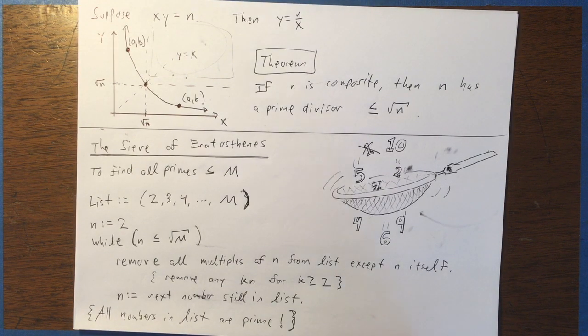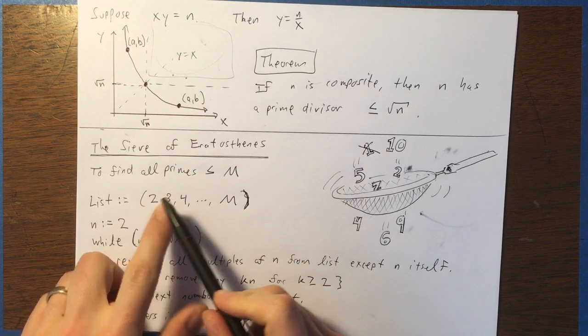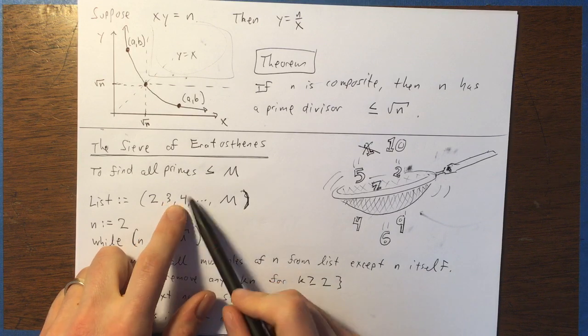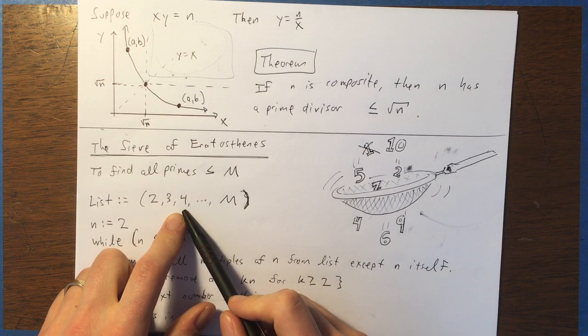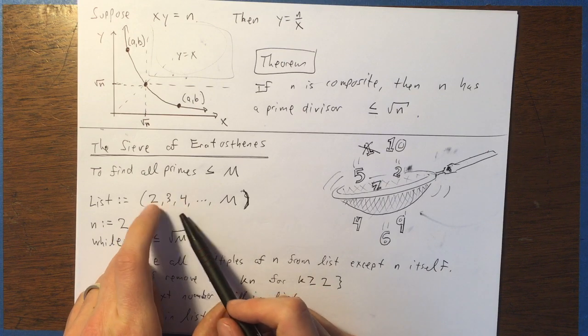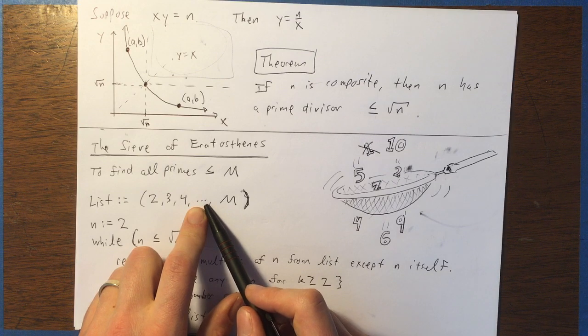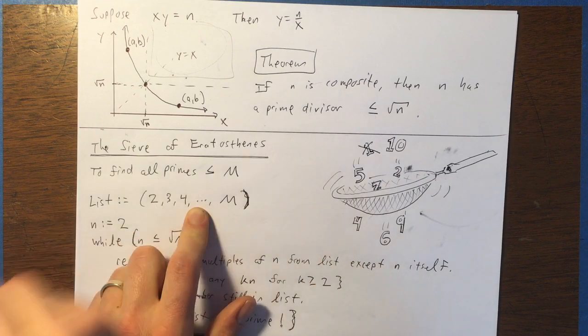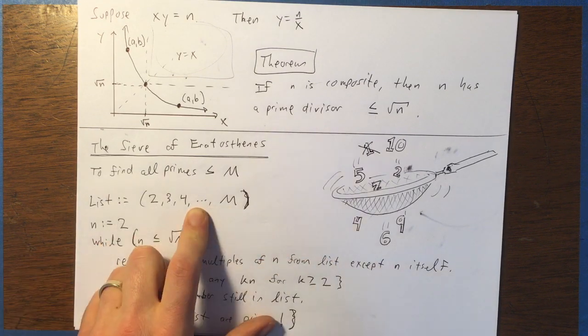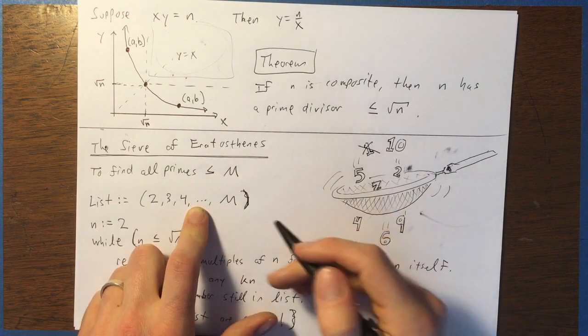And when you move to the next number in the list, that's guaranteed to be a prime. Say you remove all multiples of 2, and then all multiples of 3. You're not going to encounter 4 because it's already been removed. The next number you'll encounter is going to be 5. Right? And if the next number is not a prime, that's a contradiction, because you must have removed it. If it's not prime, it must be a multiple of one of the smaller numbers, so you couldn't encounter something that's not prime.